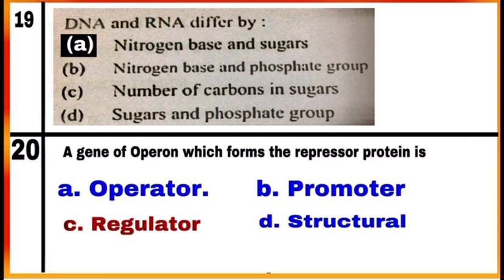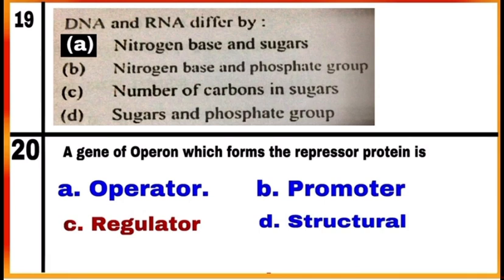Question 19. DNA and RNA differ by? They differ in the nitrogen bases. In RNA, instead of thymine, the uracil base is present, and they also differ in sugar. RNA has ribose sugar while DNA has deoxyribose sugar. So here mark A as the correct answer.